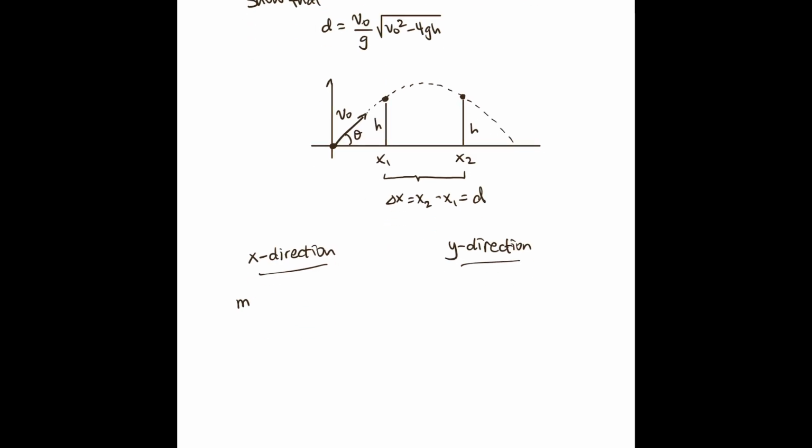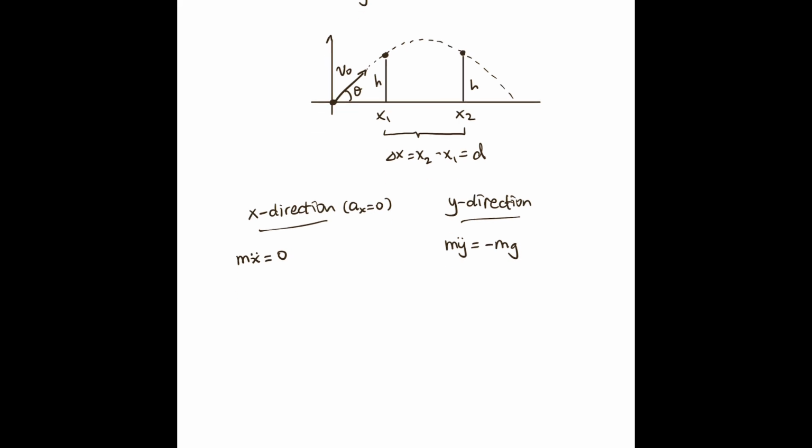Now you have 2 equations of motion, the x direction and the y direction. In the x direction, we know that the acceleration in the x for projectile motion is 0. And then in the y direction, we have the gravitational force.